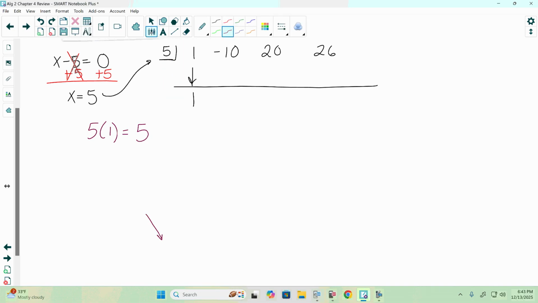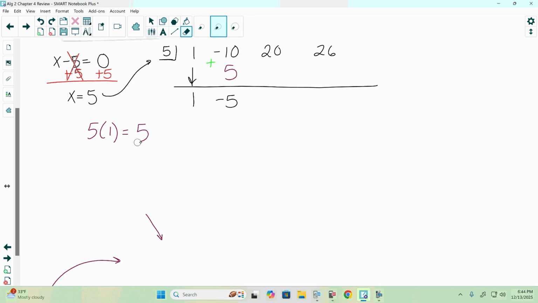Then we take that number and put it above the line and below the next number, giving us 5. Now we add straight down. So negative 10 plus 5 is negative 5.